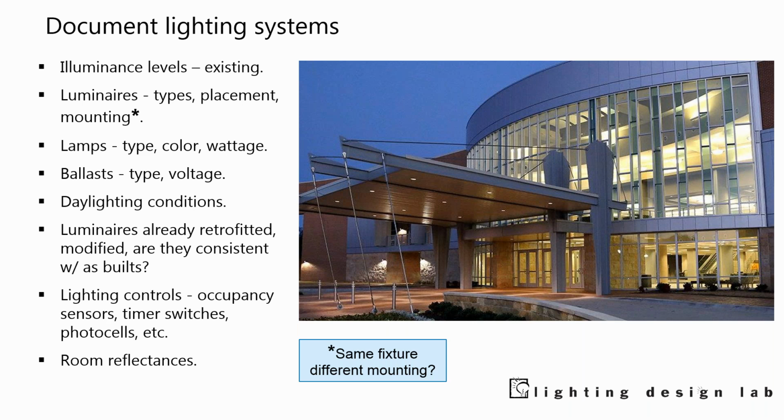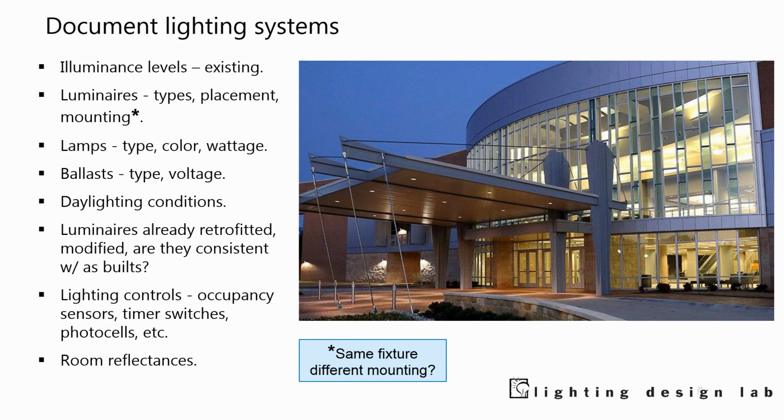So again, walk around. One thing I do is always look at daylighting opportunities. Do they have windows and shades maybe that are always drawn, and why would that be? Do they have skylight opportunities? And then look at the luminaires, and have they already been retrofitted? If you've got a building that's 40 years old, which isn't that old, that's the 80s.